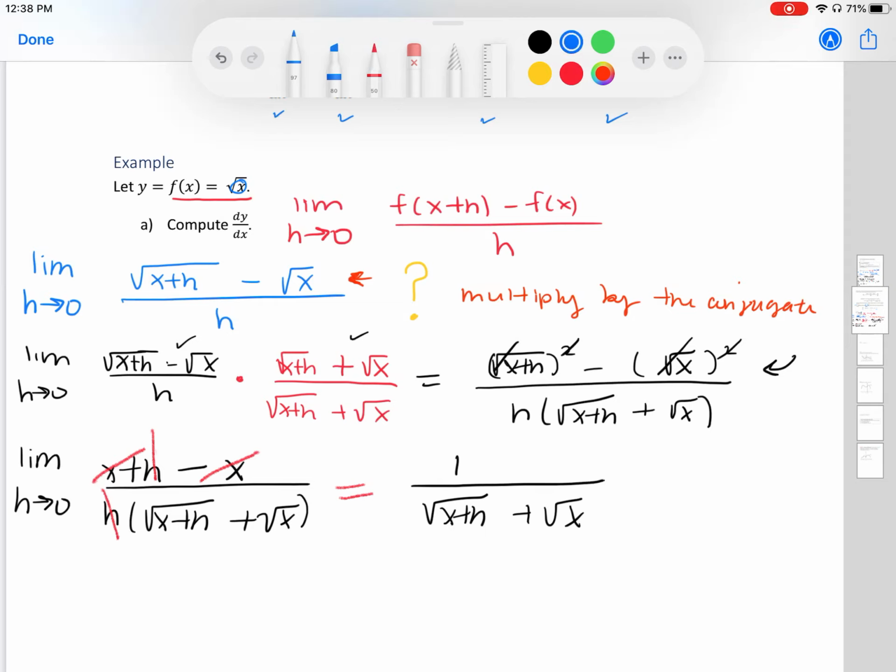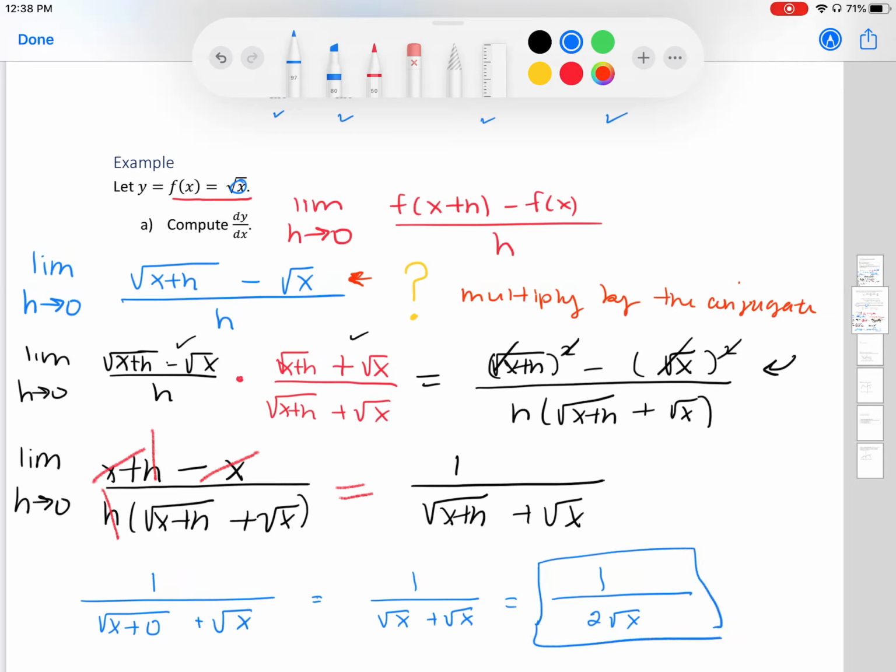If I substitute 0, it no longer creates an undefined situation for our denominator. So I have 1 divided by the square root of x plus 0, plus the square root of x. So we're left with 1 over the square root of x plus the square root of x. Square roots of x are like terms, so I'm able to add them. So I have 2 square root of x. And there we have it.